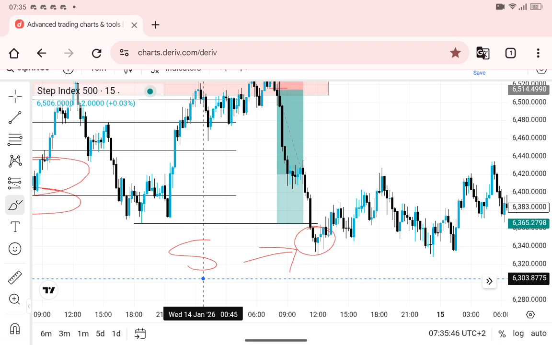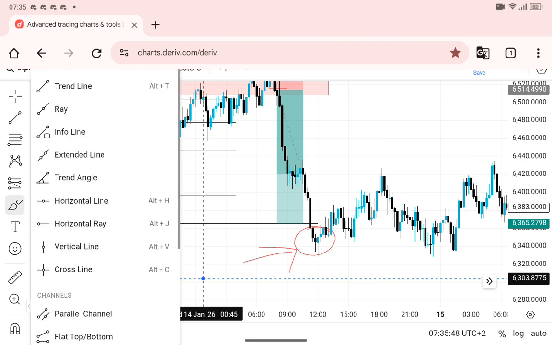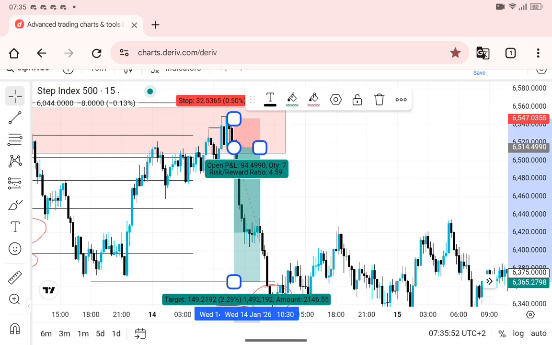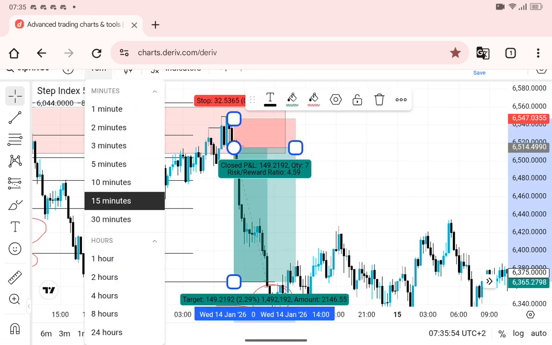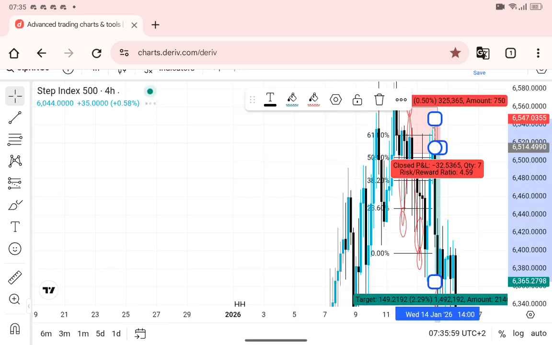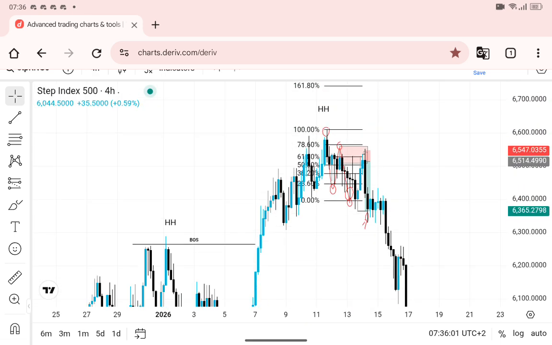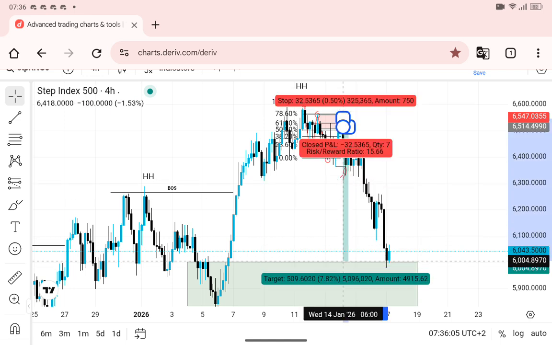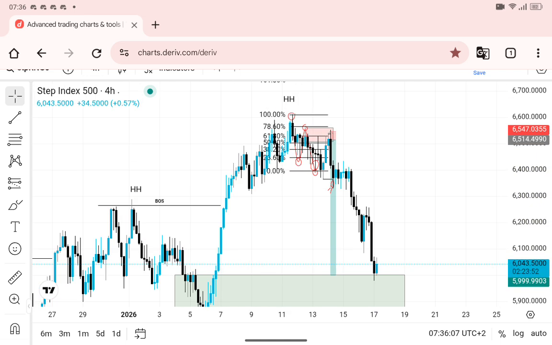Now, when there are a lot of sellers in the market, what you do is go to that higher time frame you were using for that analysis, which is 4 hours and 8 hours. Then when you get there, you're going to target the actual point of interest, which is this point of interest here.